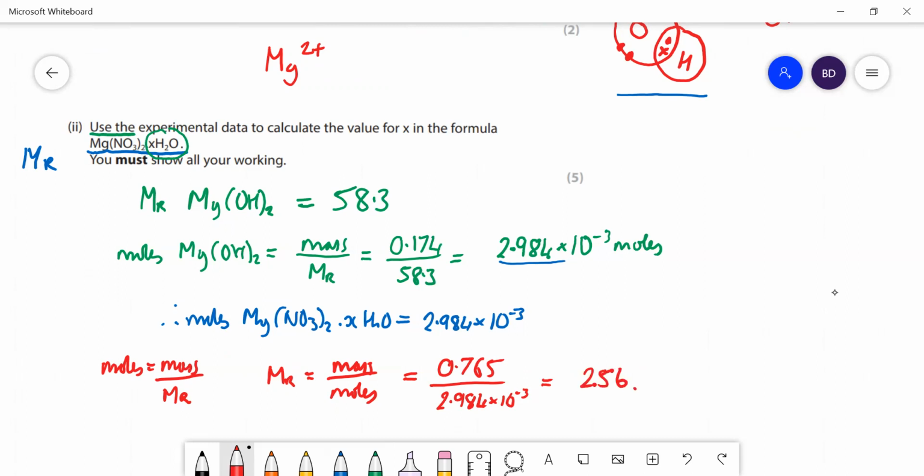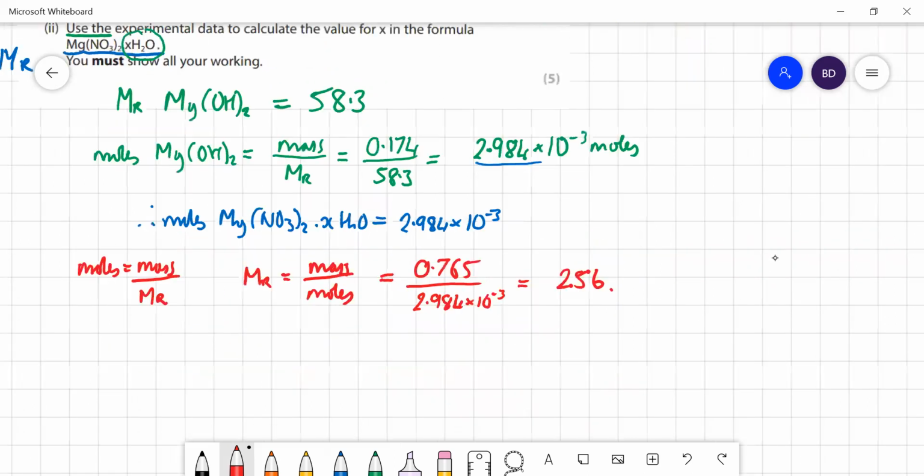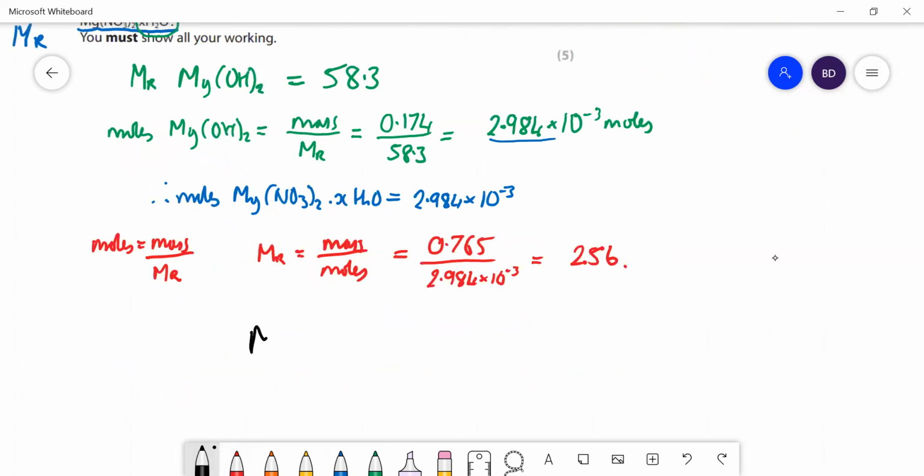Now we've got to work out how many moles of water there are. So we've got our formula of magnesium nitrate here. If you add up all that bit there, the MR of that bit is 148.3.